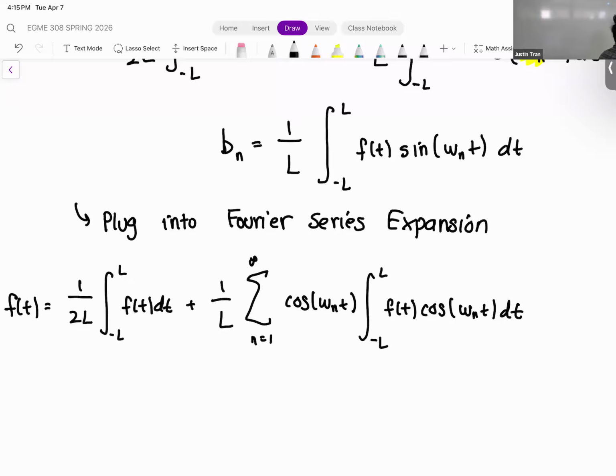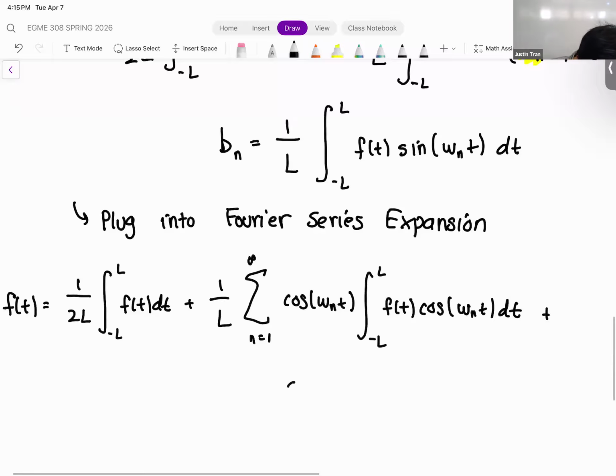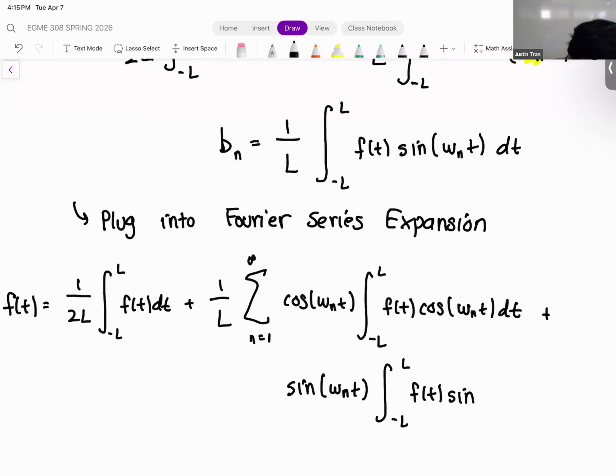So I just plugged in for An. I swapped the order just so you don't get confused about which cosine is inside the integral and which one's not. Plus sine omega n t integral from minus L to L f of t sine omega n t dt.